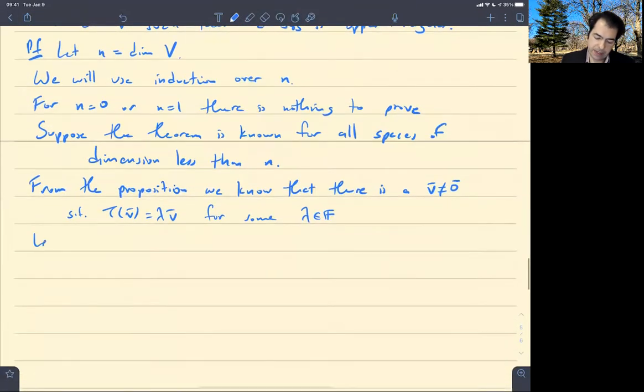Okay, let U be the range of T minus lambda times the identity.